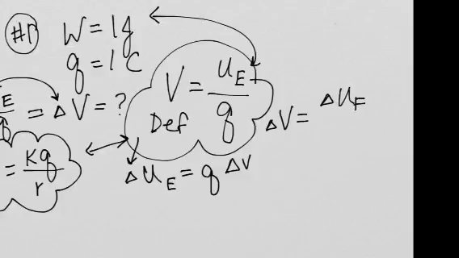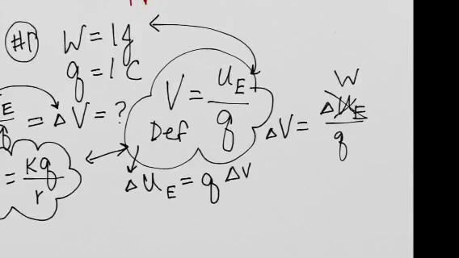And in this case, our change in energy is going to be our work. That's the work that was done, the thing causing the change in energy. So we end up with 1 joule over 1 coulomb, and that's equal to 1 volt. So that's our first answer: 1 joule per coulomb is equal to 1 volt.